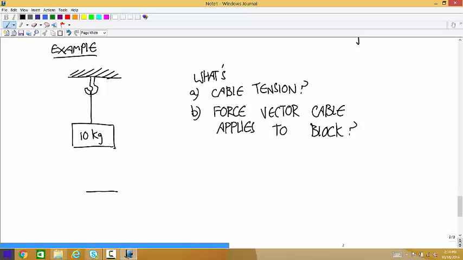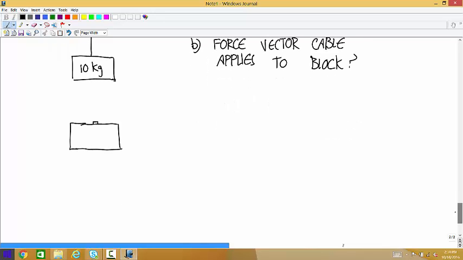Well, I'm going to choose to isolate. My chosen object is going to be this 10-kilogram block. And I'm going to also include a little stump of that cable. So the forces acting on it are a downward force because of the weight.